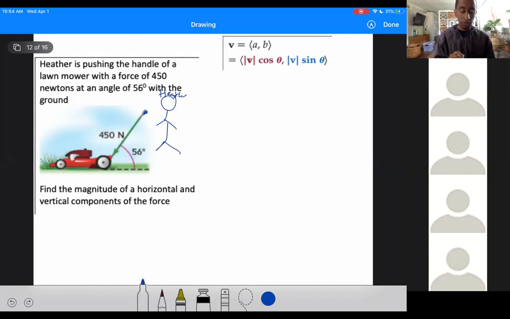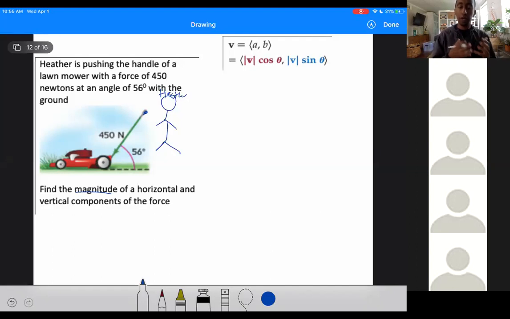The question is asking for the magnitude, which in this case would be a distance, a speed, or a force. Wouldn't it be a force? It would be a force, yeah.